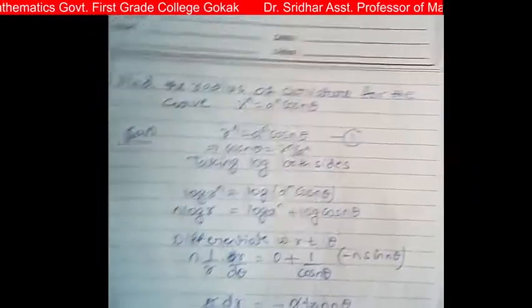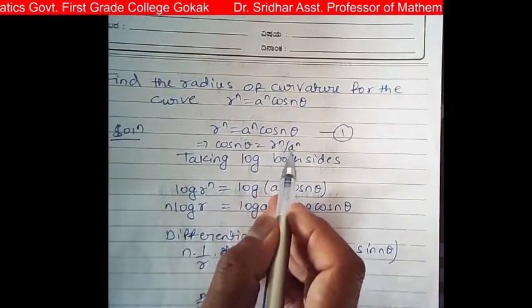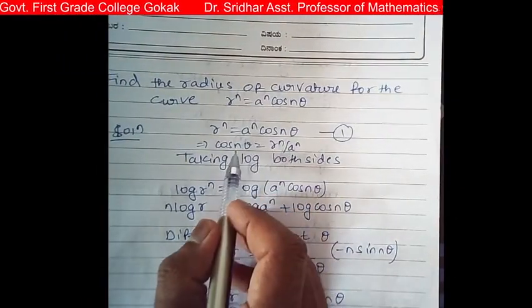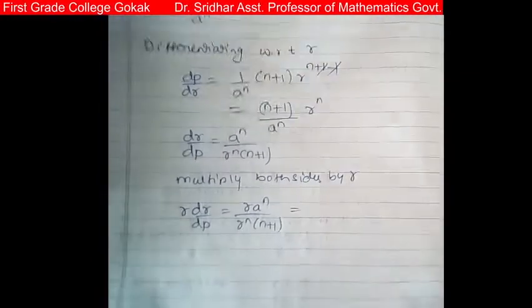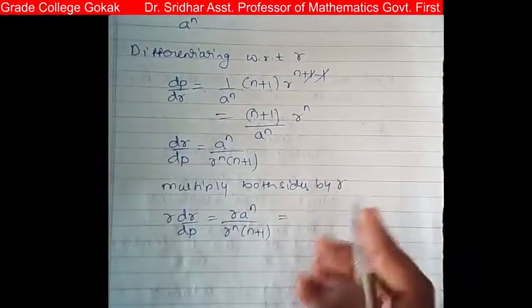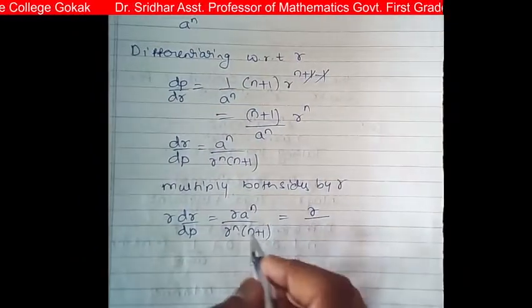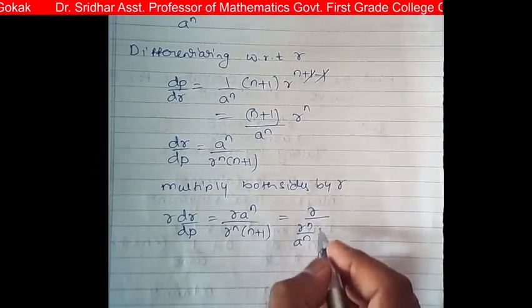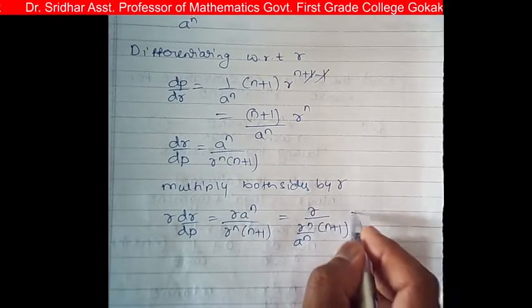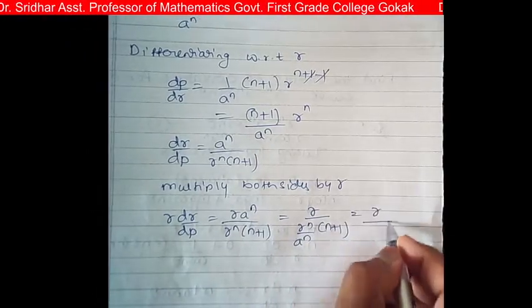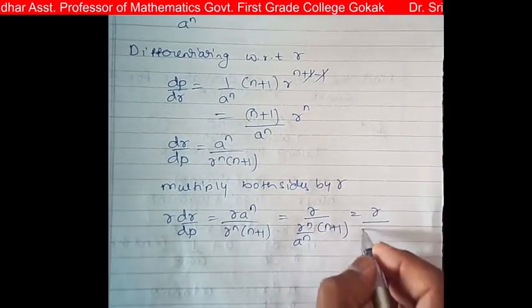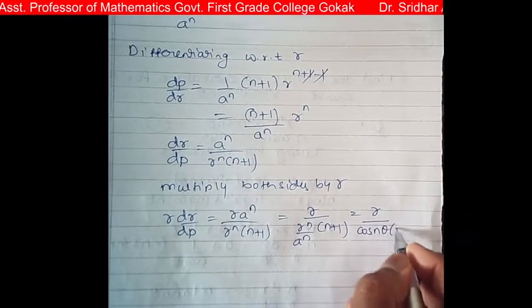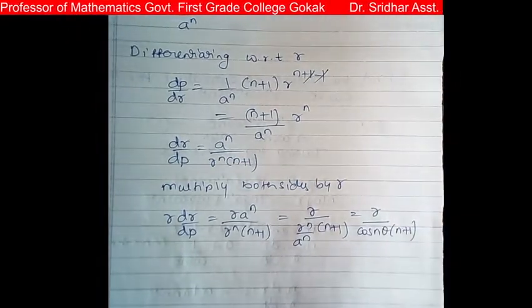From the previous expression, r raised to n by a raised to n is cos n theta. So this can be written as r divided by, r raised to n by a raised to n into n plus 1, which is equal to r divided by cos n theta into n plus 1.